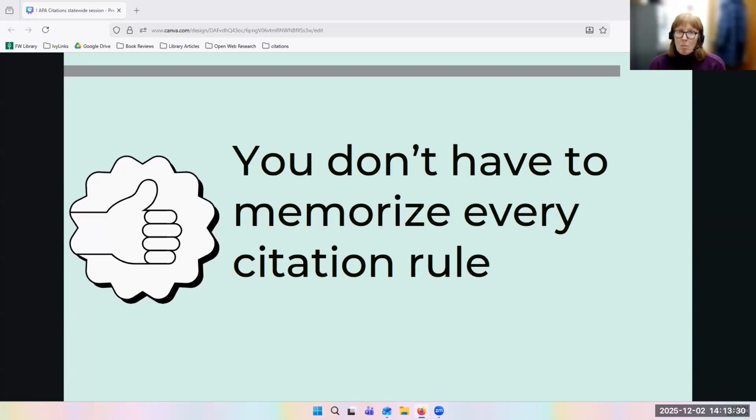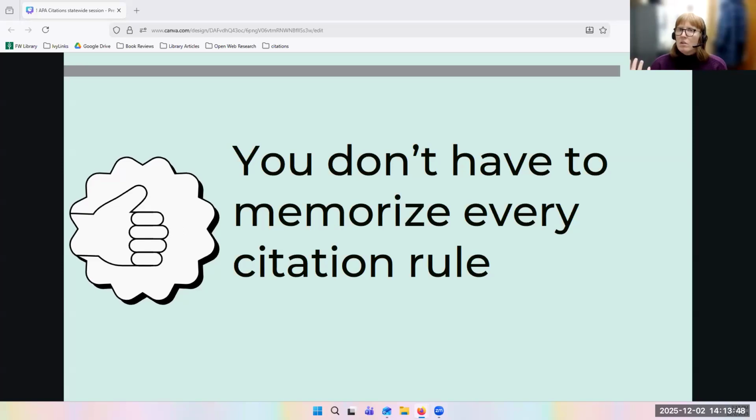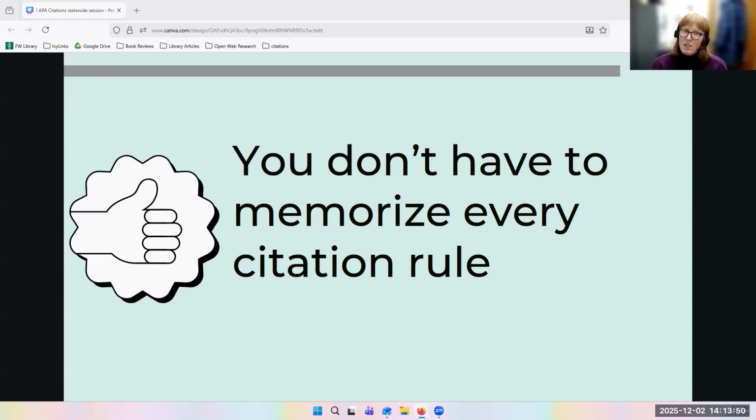Hopefully when you leave today, you'll know the basics of what APA is and how you can start citing. But know that you don't have to memorize everything I talk about today, because there are lots and lots of places online with answers for very specific questions on how to cite very specific things. Okay, so just a heads up.